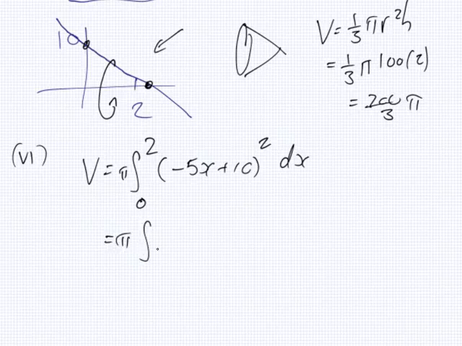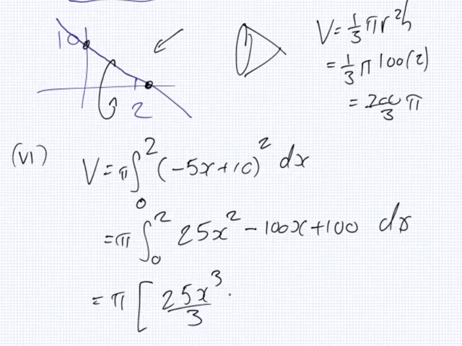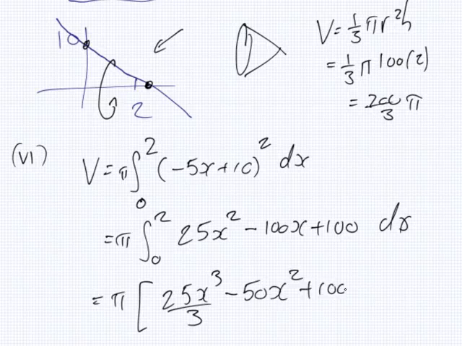Pi, integral from 0 to 2, 25x squared minus 100x plus 100 dx. Did I expand that right? Twice the first by the second. Yeah? So that will be pi times 25x cubed over 3 minus 50x squared plus 100x, from 0 to 2.